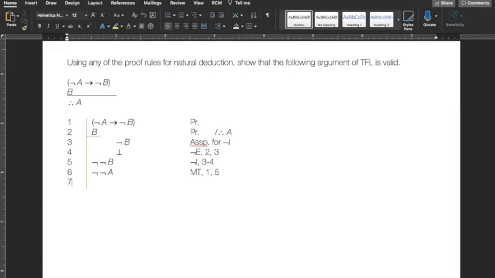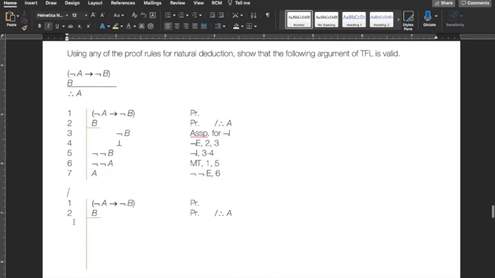And then we needed to conclude A, but we have a simple double negation rule that allows us to get rid of that. So that is double negation elimination. You could also write DNE. And that was applied to line 6. And our proof is done.